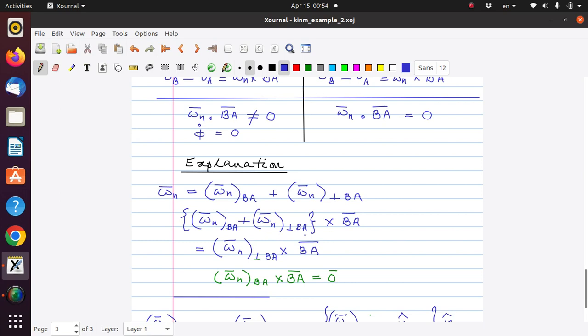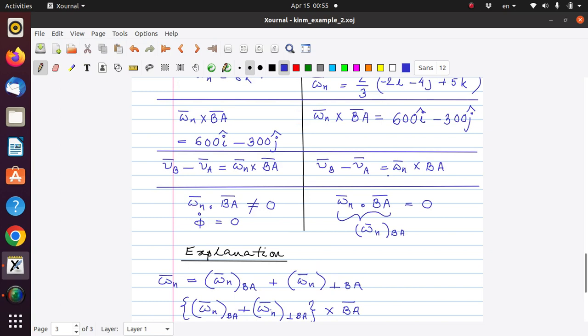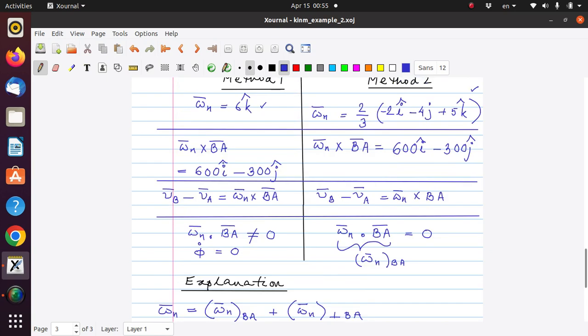Only the perpendicular component will remain. So whether you take omega n along BA as 0 or non-zero, that will have no effect on the cross product omega n cross BA.